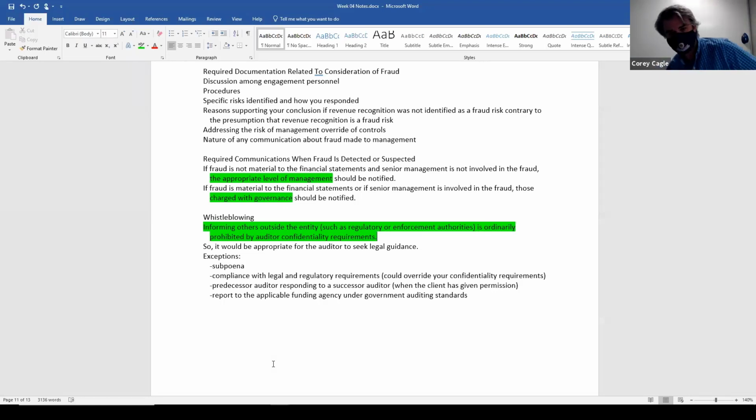Subpoena: if they subpoena something from you, you're going to do it. Compliance with some kind of regulatory requirement. Predecessor auditor: you can discuss those things with the predecessor auditor. Again, we talked about before what the appropriate method is to even do that, so you've got to get client permission and all that, right? And then, as you were saying a second ago, you are able to report to the funding agency under governmental auditing standards.